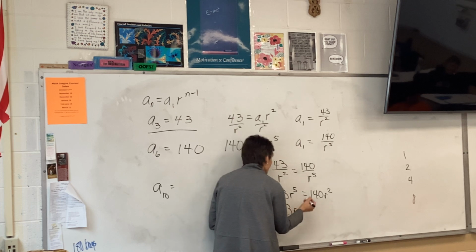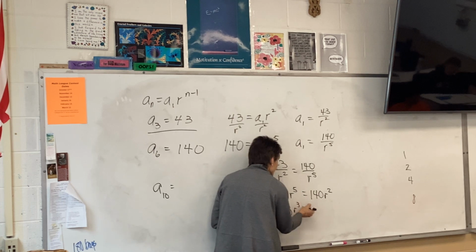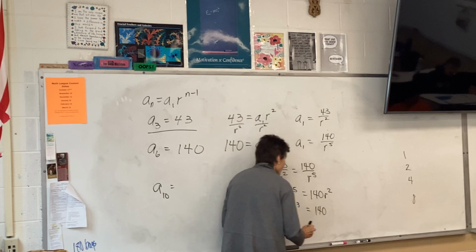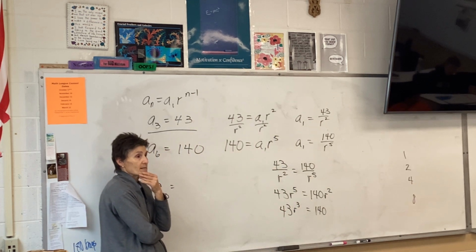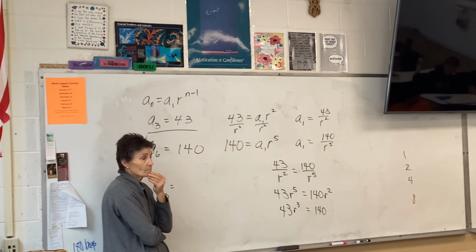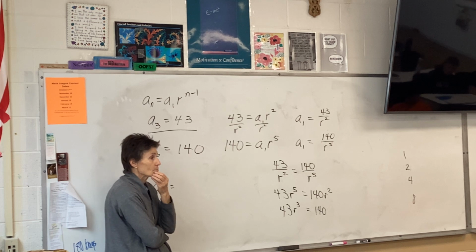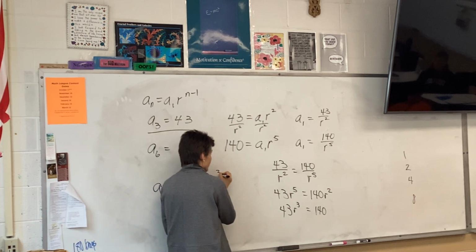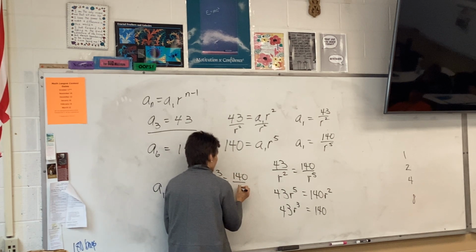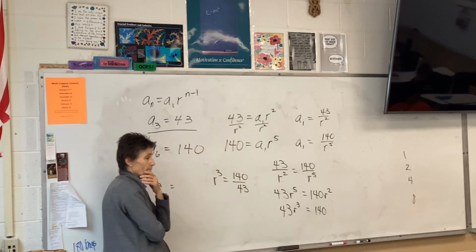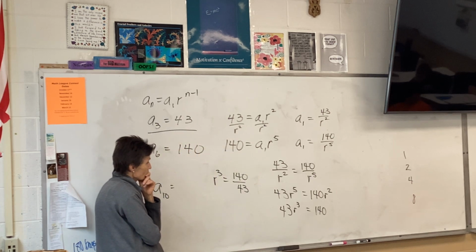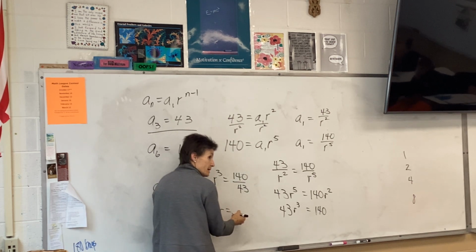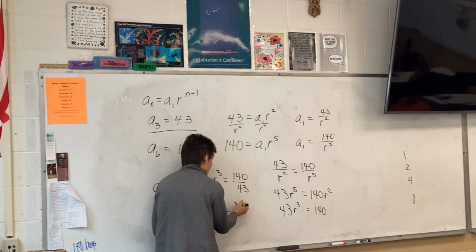Again, we're allowed to do that because we know r cannot be 0. Now what? Divide by 43. And then take the cube root.